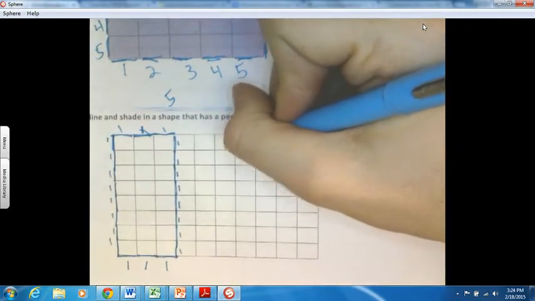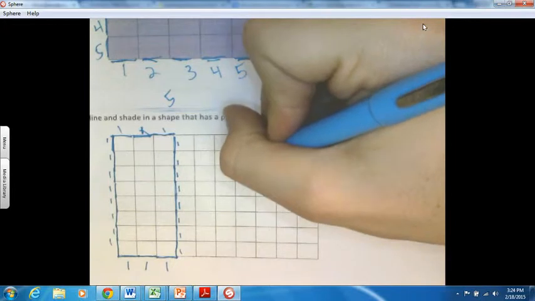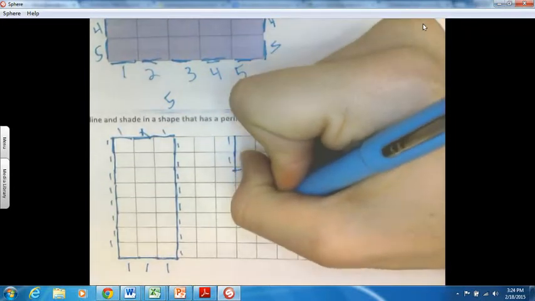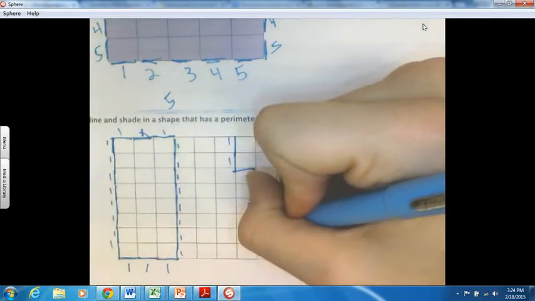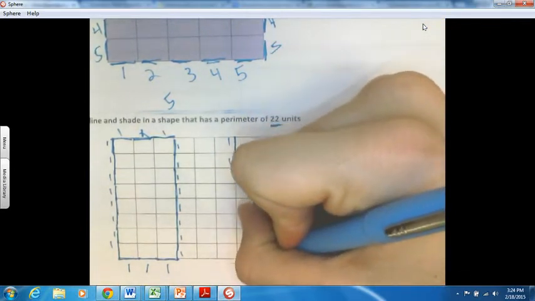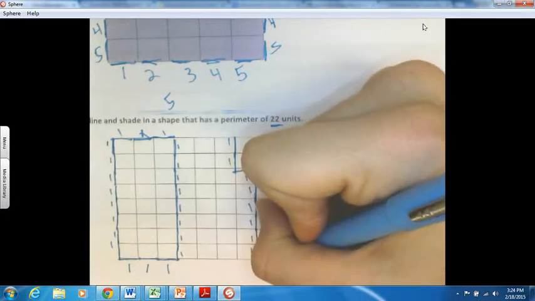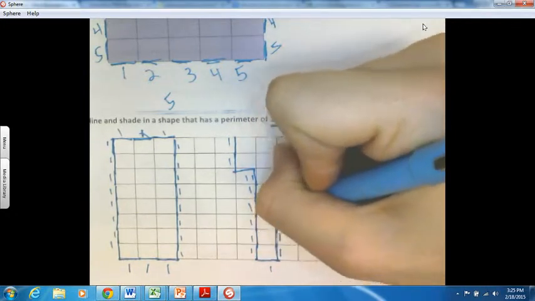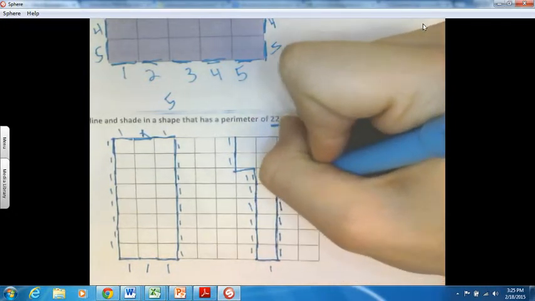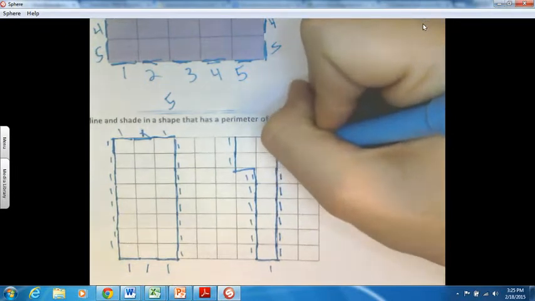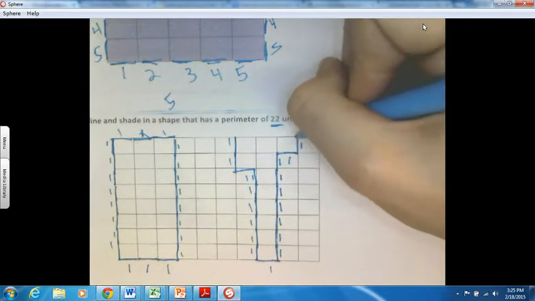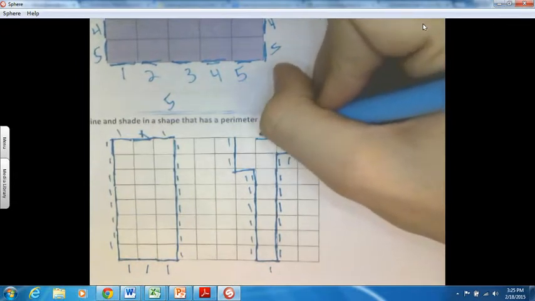You can also do a shape that is not just a rectangle. You go 1, 2, 3, 4, 5. Make sure every time you draw a line, 6, 7, 8, 9, 10, 11, 12, 13, 14, 15, 16, 17, 18, 19, 20, 21.